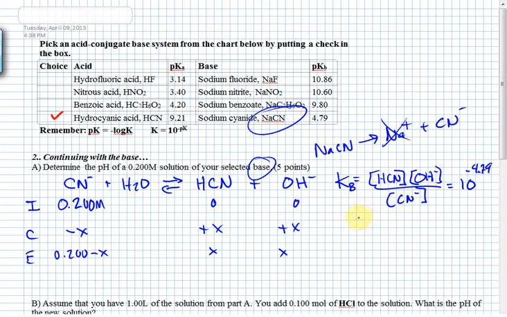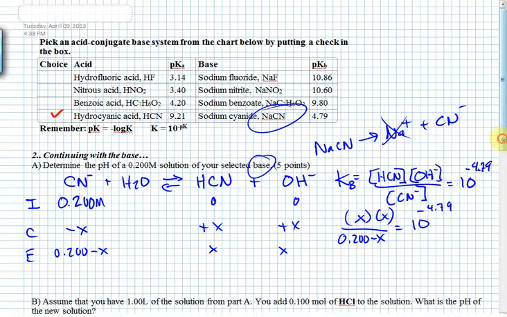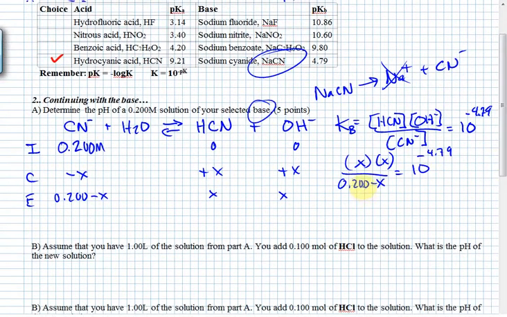Plug those into my equilibrium expression. X times X over 0.200 minus X equals 10 raised to the minus 4.79. You know the drill. X is going to be small. We're going to ignore the X in the denominator.